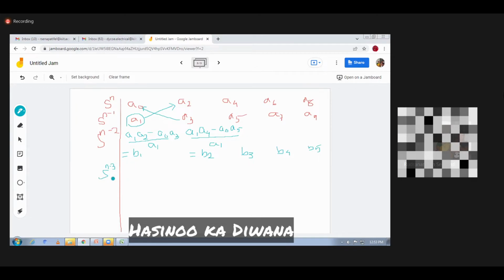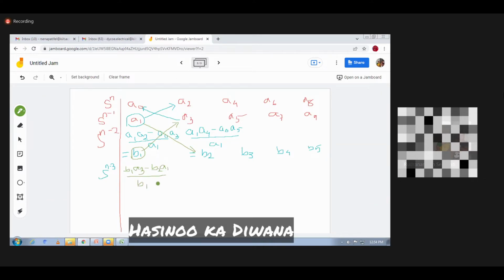So what will be the value? First entry for this column: B1, A3 minus B2, A1, divided by B1.